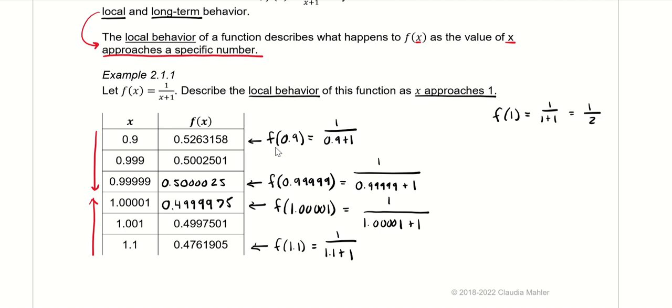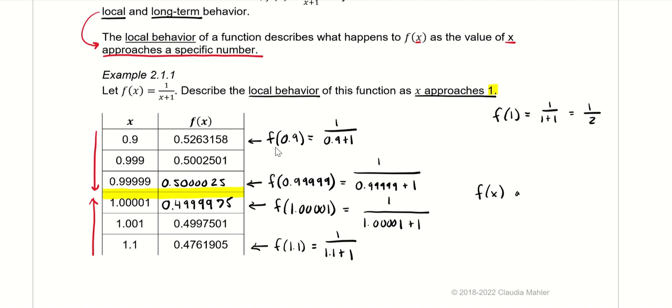Now again, notice we didn't calculate this function at 1, but we can see that we're getting pretty close. If we kept getting closer and closer, we would get our x values closer and closer to 1. And it looks like our function value from both sides, from less than 1 and greater than 1, is going to approach 1/2.